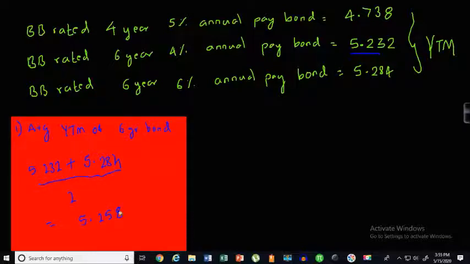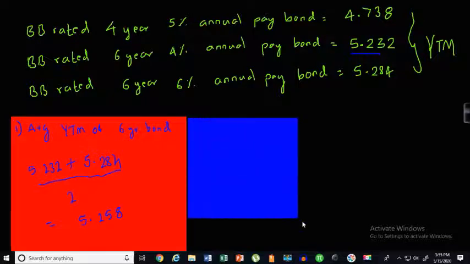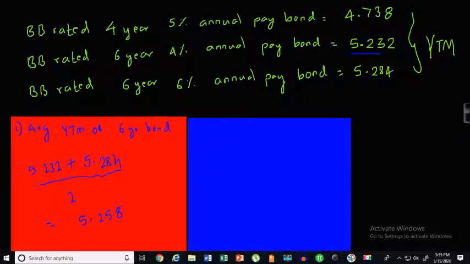Now comes the second step. Second step is again very easy. Now we do the interpolation. A 4-year bond has a YTM of 4.738.